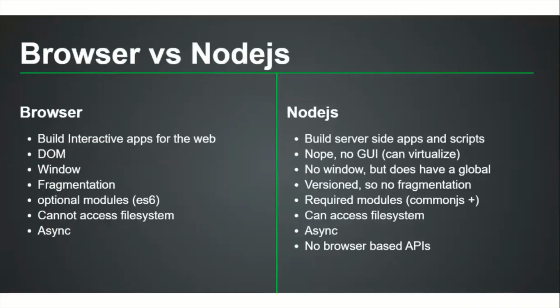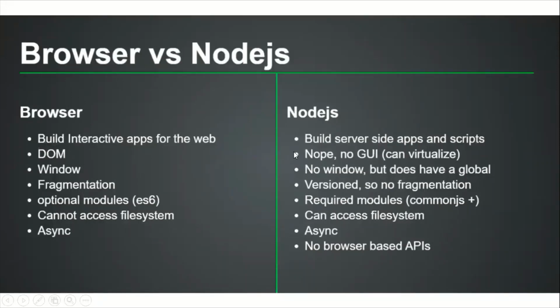Now what is the difference between browser JavaScript and Node.js? Browser JavaScript builds interactive apps for the web, and Node.js is basically for server-side apps and scripts. In the browser we have the DOM. I guess Ratnesh or Laksh has covered some of it. Browser JavaScript helps us make changes in the DOM.